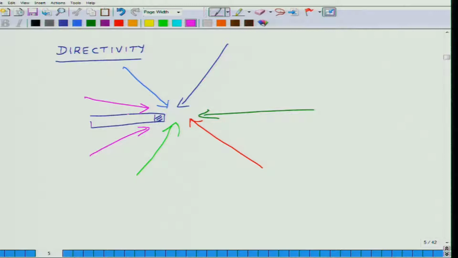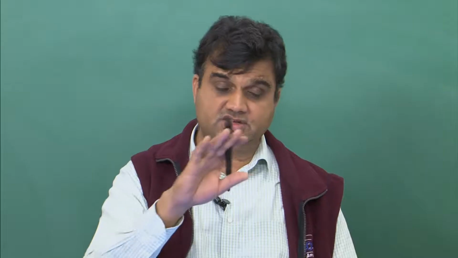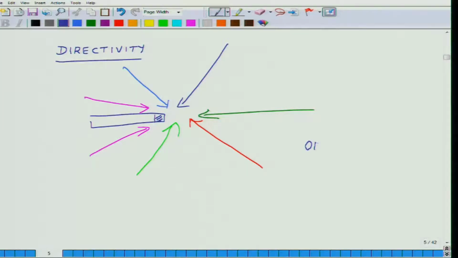From different directions, different types of sound are coming, and if the microphone can sense all types of sounds coming from all directions with the same amount of sensitivity, accuracy and resolution, then that microphone is known as omnidirectional.